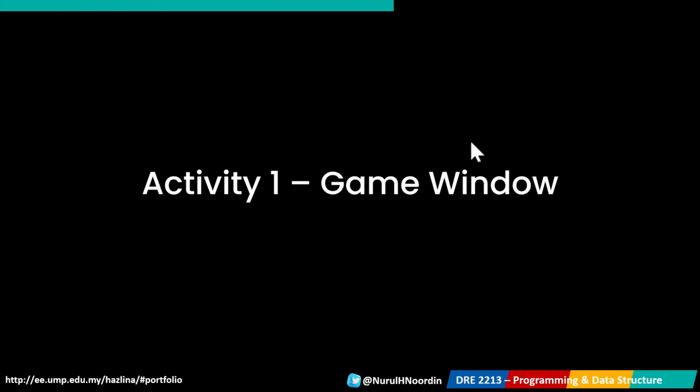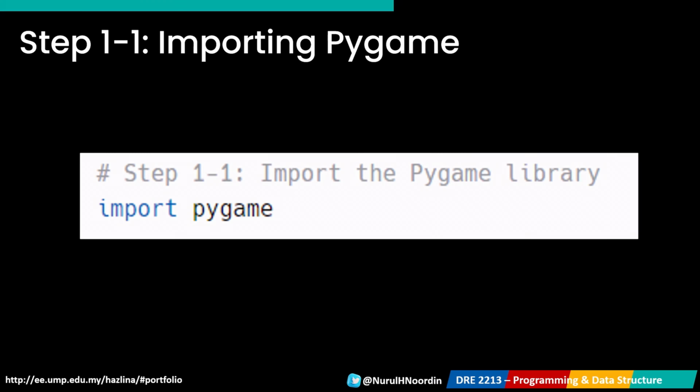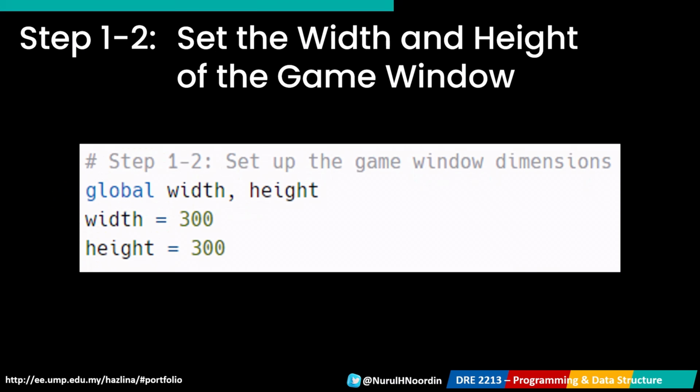Let's start with designing the game window. To use Pygame in our code, we need to import the library. So insert this code, import pygame. Define the width and the height of the game window. Values determine the size of the window where our game will be displayed. We'll make the window 300 pixels wide and 300 pixels tall.